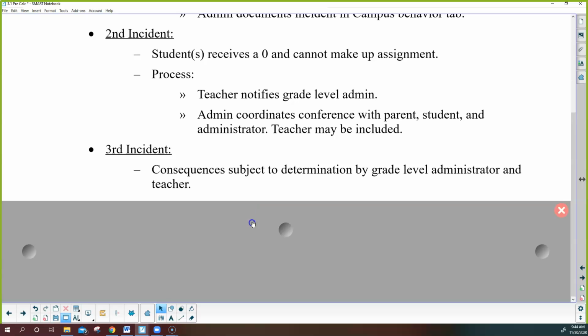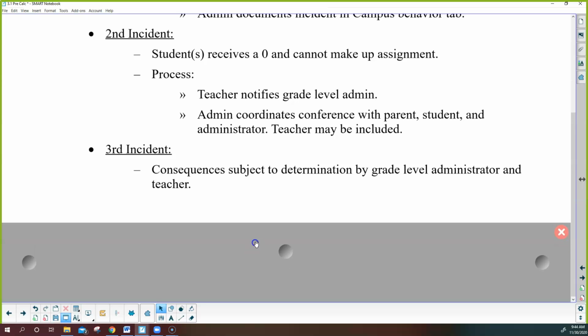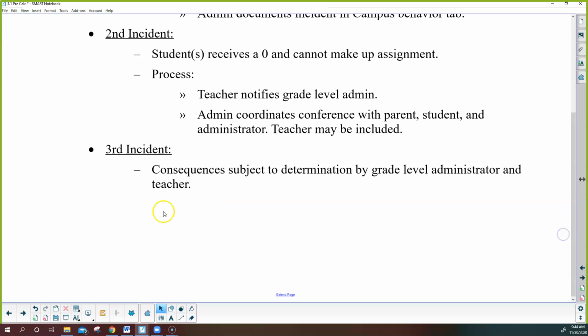If it happens a third time, now this could also happen with homework. If you're using somebody else's work and I end up finding out, that's a form of academic integrity violation. Okay, so if it happens a third time, you may be dropped from the class, or you may have some other consequence determined by the admin.